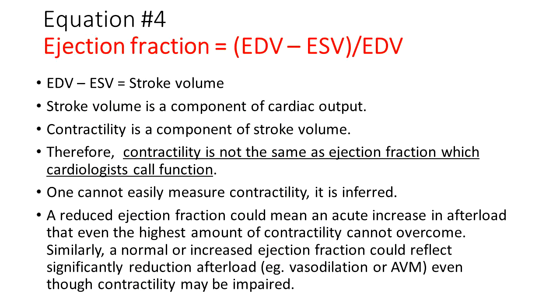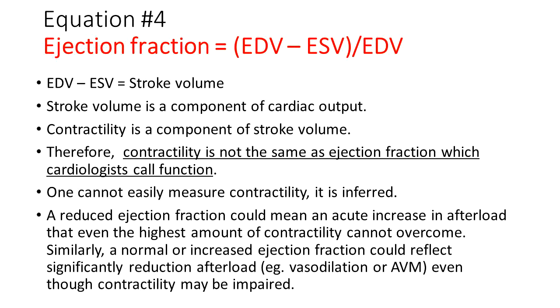Equation number 4. Ejection fraction is the difference between end diastolic volume and end systolic volume divided by end diastolic volume. That's sort of a 3D, volume way of looking at ejection fraction. You probably have heard of shortening fraction, and it's very similar to ejection fraction, but instead of changes in end diastolic volume and systolic volume, you're just doing end diastolic diameter and end systolic diameter.